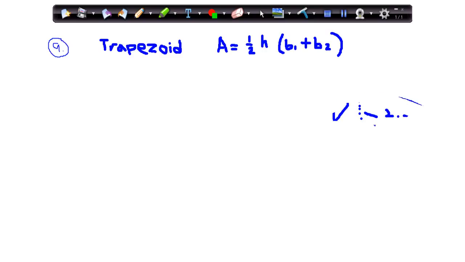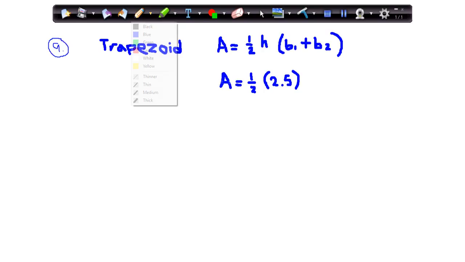So we're just going to plug in what they gave us. Okay, so A, let's rewrite it, equals half, 2.5, which is height, times, and then you see where base one, let me get my pen so you can see.